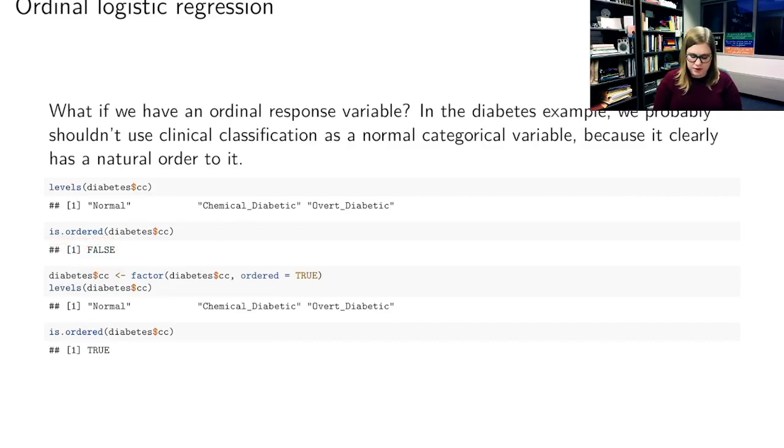And so I do a little bit of data wrangling. I turn it into an ordered factor variable. When I look at the levels, they look the same. It's still normal, chemical, overt. But when I ask, is it ordered, it says it's true. And so that's just giving R a little bit more information about this variable, that it should be considered as an ordered categorical variable.